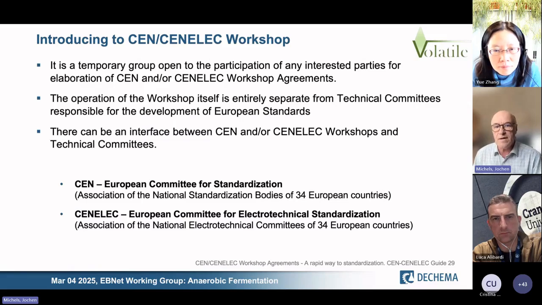It is open to the participation of any interested parties, and it is somehow common to European projects, and the beneficiaries of such a European project are getting into this workshop, becoming participants or members of this workshop for the elaboration of such a workshop agreement.